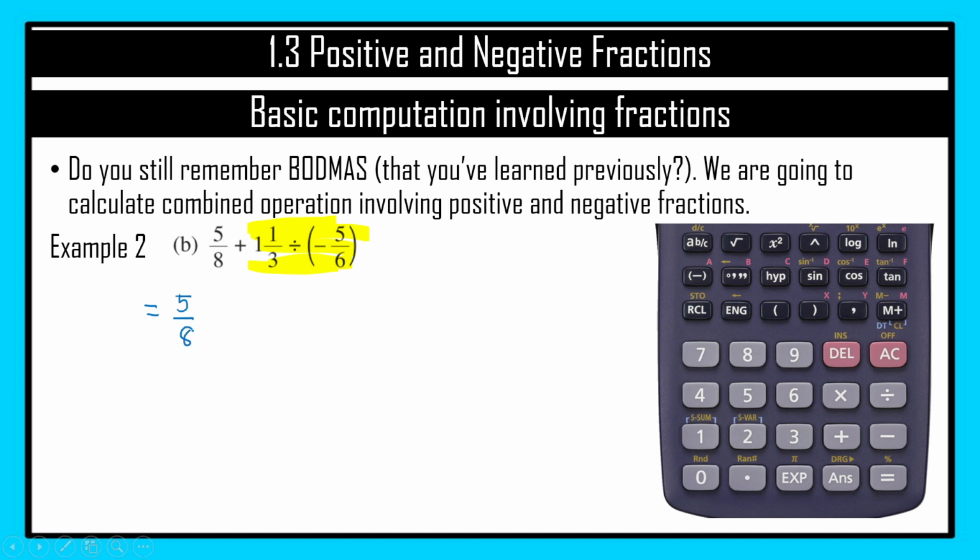We are not going to touch it now, so let's copy that down. Now use your calculator. Okay, so 1 over 3. So it is 1, the fraction button, and then 1, fraction button, and then 3. Okay, and then divide. So divide, bracket, negative 5, fraction 6, close your bracket.